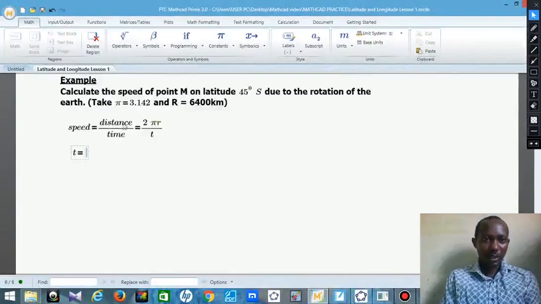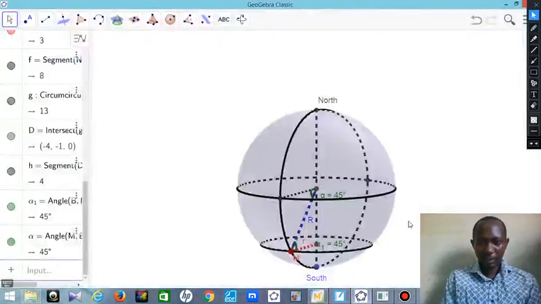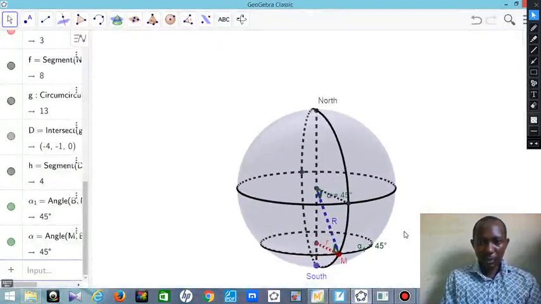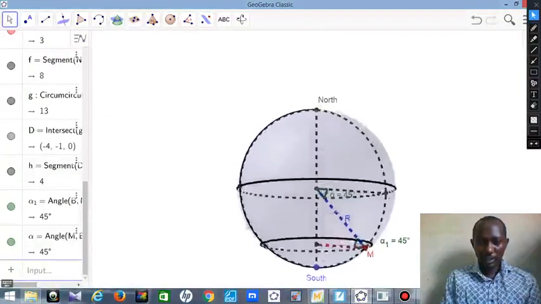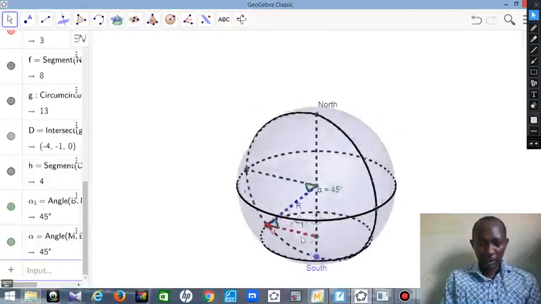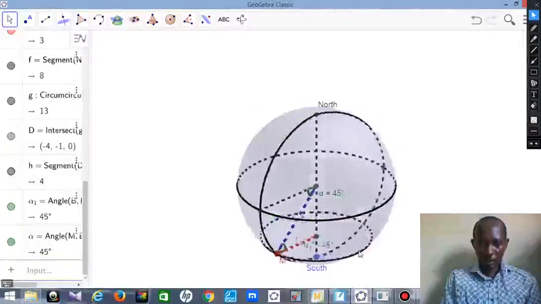That is 1 day, which is 24 hours. So that is our time. It's very, very important. For a day to be formed, when M goes round, it completes one rotation.